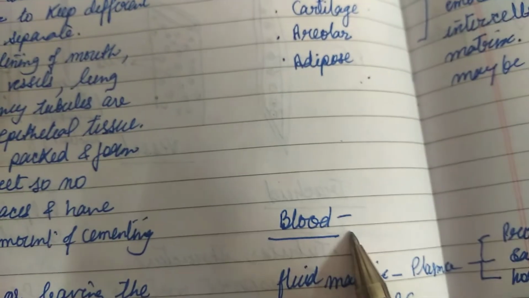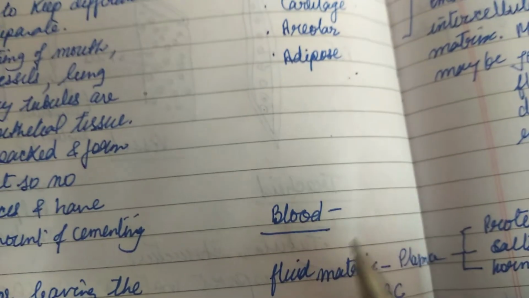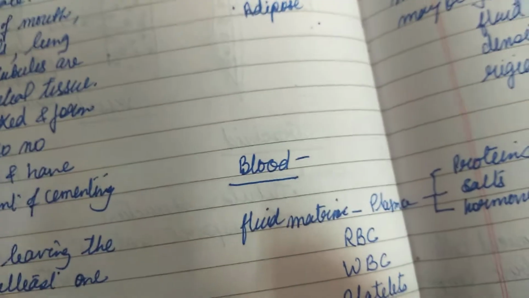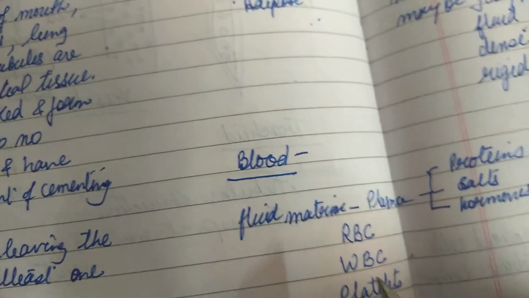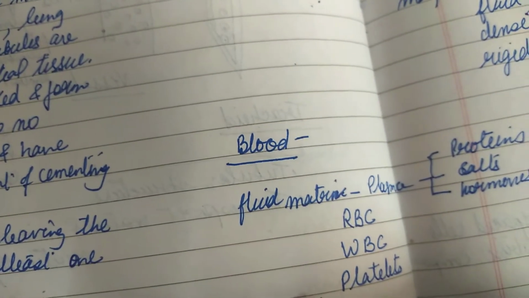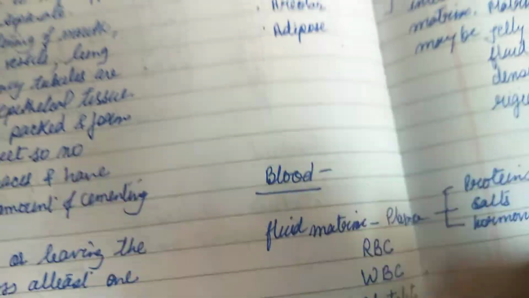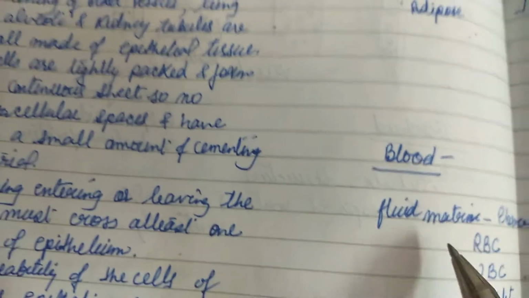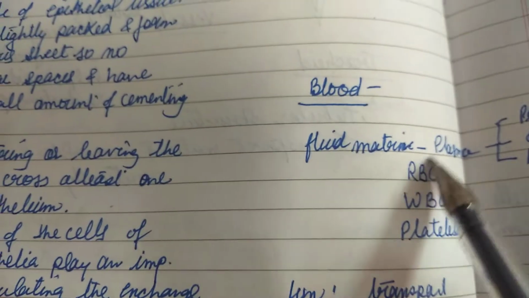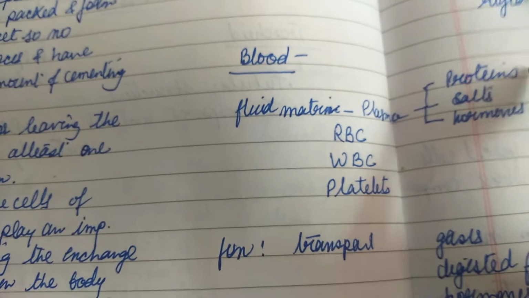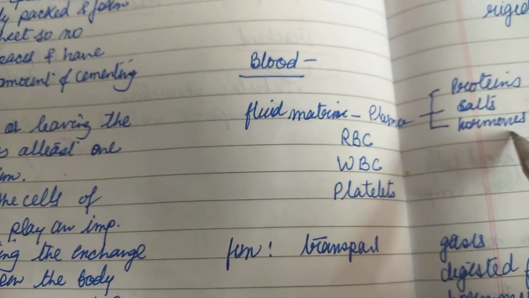You are all aware that blood is a connective tissue. The function of blood is transportation. It transports food, gases, and removes wastes, even hormones. Its structure is like this: the fluid matrix is plasma. The matrix is fluid in nature and we call it plasma, and it is made up of proteins, salts, and hormones.